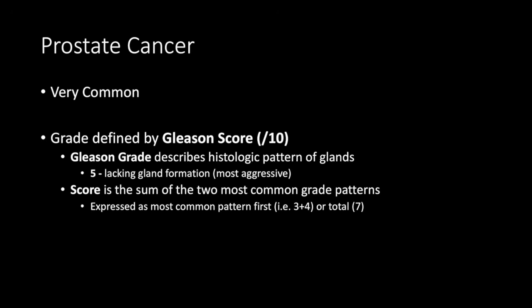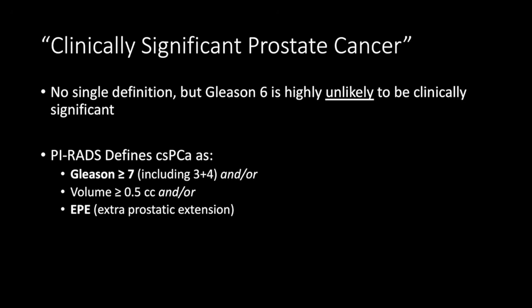So the maximum is a 5+5 or Gleason 10 lesion. Also, since the most common pattern is expressed first, a 4+3 lesion is more aggressive than a 3+4 cancer, even though both have a total Gleason score of 7. And so how do we define clinically significant prostate cancer?